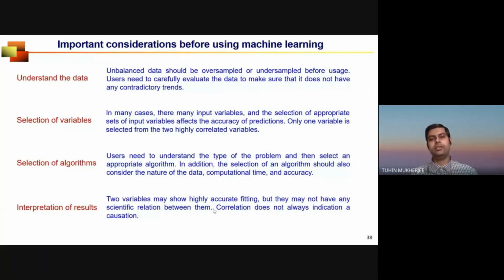You should not take those variables. Or you can see some variables that are giving you a wrong representation of the relation, which you should also ignore. So we need to have a basic scientific understanding of interpreting the results to figure out what works and what does not work.